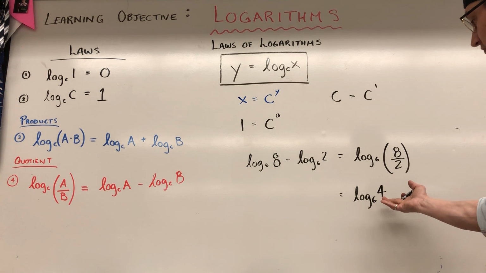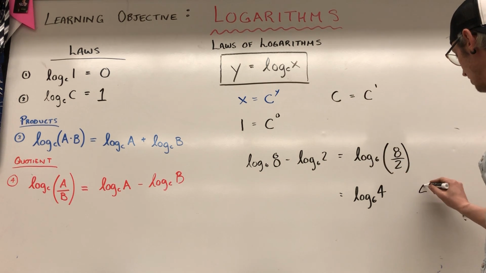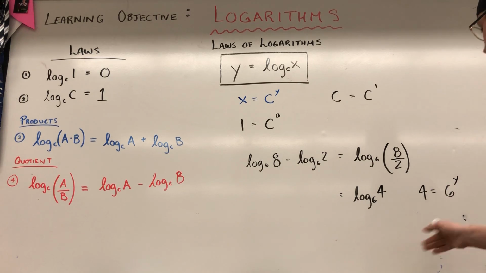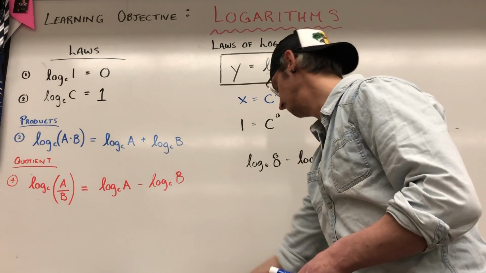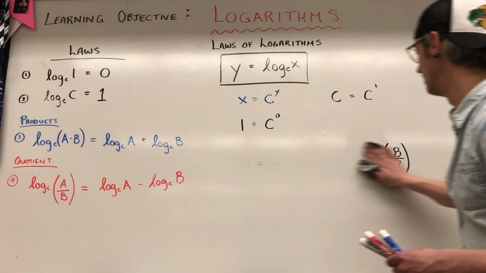And then if I wanted to solve what this is, I'm in this format, so I know that 4 is equal to 6 to the some power y, and that would get really ugly really fast, so I'm not even going to try to solve that. Okay, that's the quotient law.